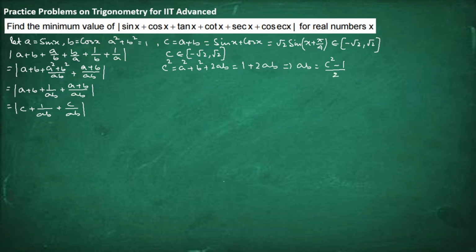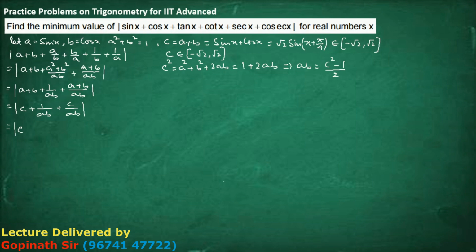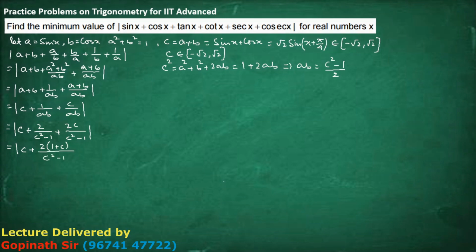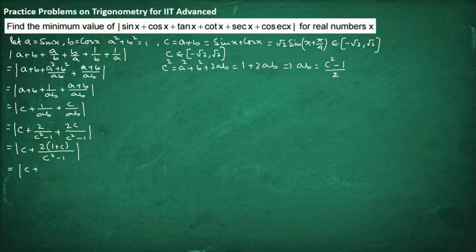Now, let me replace it in the given expression. C plus 2 by (C square minus 1) plus 2C by (C square minus 1). So again, after a little simplification, we are getting C plus 2 by (C minus 1).